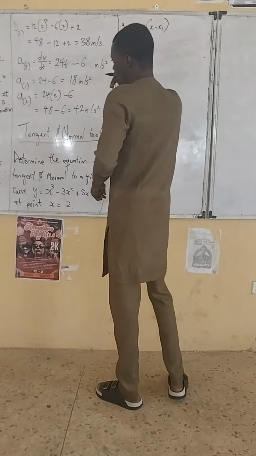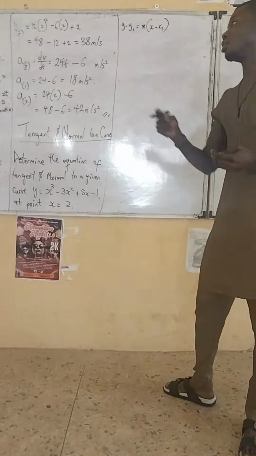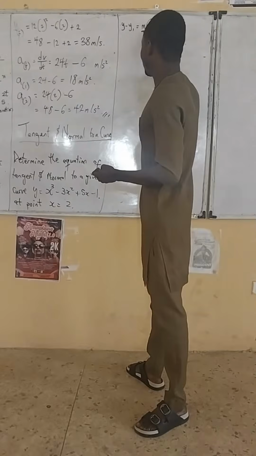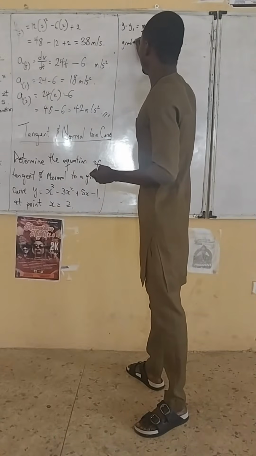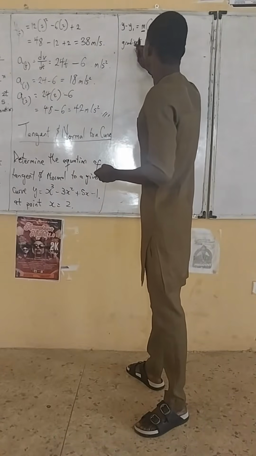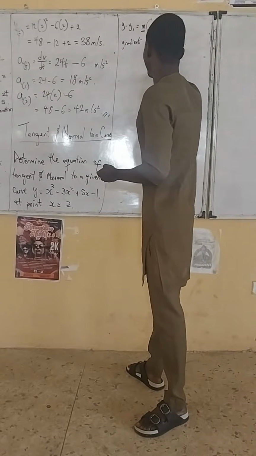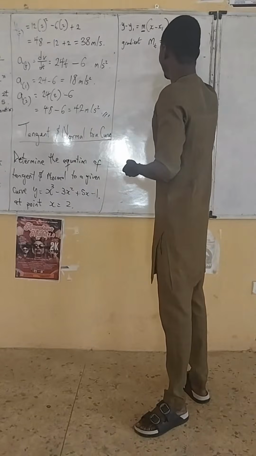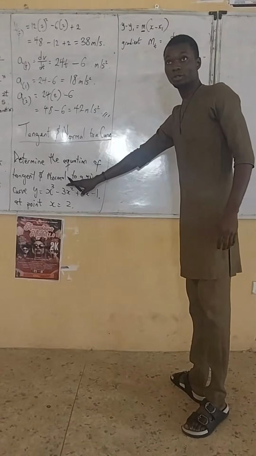But now, this is what I normally use for my own workings. First of all, you have to get the gradient. The gradient of tangent, that's mT, is dy/dx, the derivative of this one.